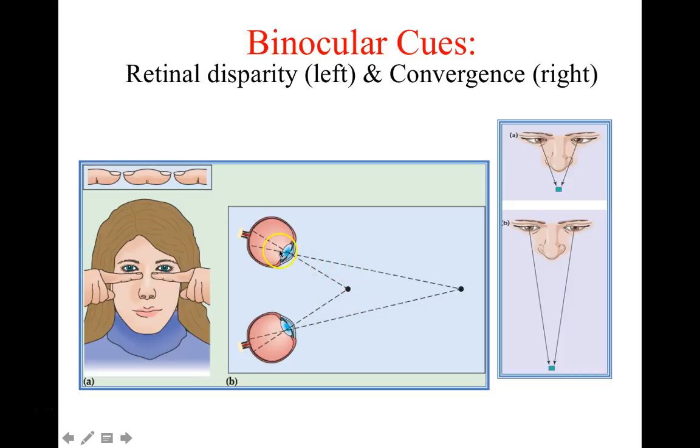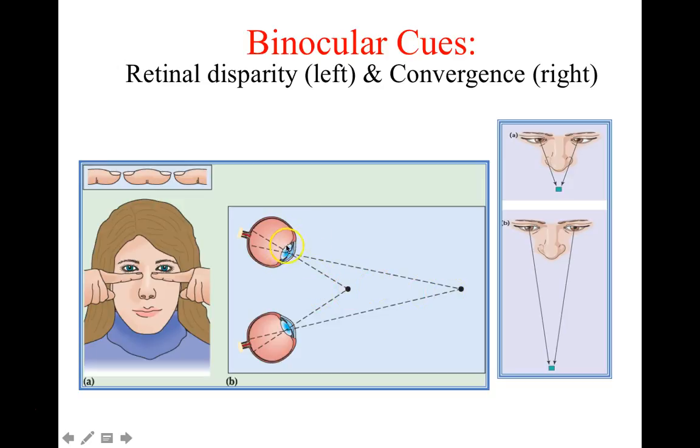In any case, when the object is near, our eyes turn inward. When it's further away, of course, they aren't as turned inward as they might be.